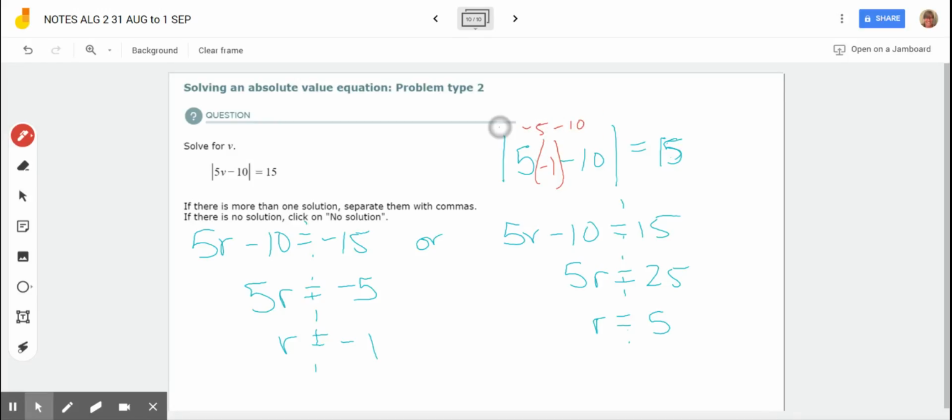The absolute value of negative 15 is 15. It checks. Let's try the next one. 5 times 5 is 25. 25 minus 10 is 15. Absolute value of 15 is 15. So they both check. Learn to check your problems, you guys, just as a general rule. And those are the absolute value problems you have tonight.